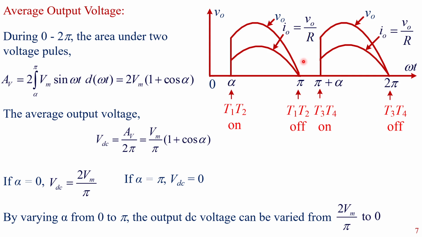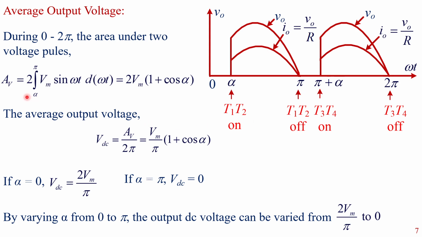Coming to the average output voltage, during period 0 to 2 pi, there are 2 identical voltage pulses. So to find out area under 2 voltage pulses, we can find the area of one pulse, and we can multiply with 2, and during alpha to pi, T1, T2 are on.